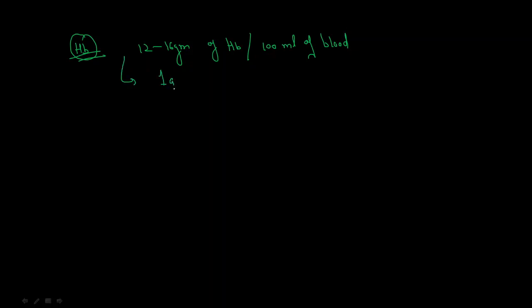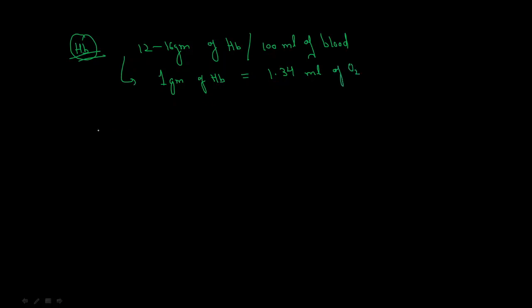Also, 1 gram of hemoglobin contains around 1.34 ml of oxygen.